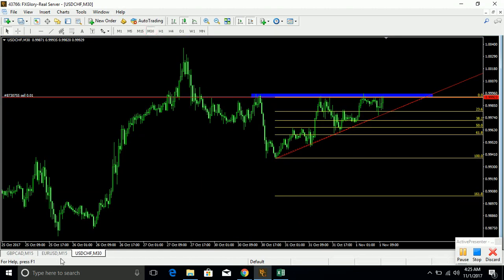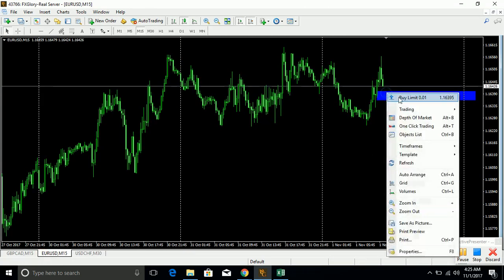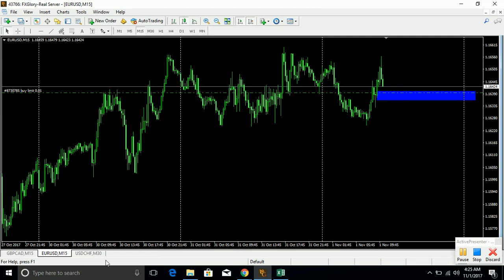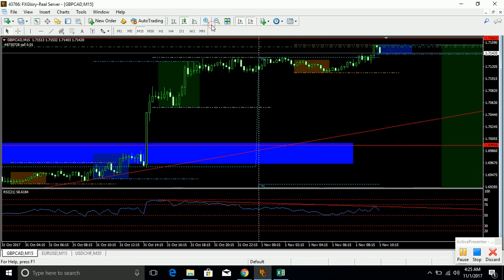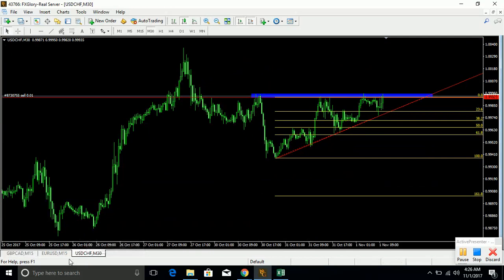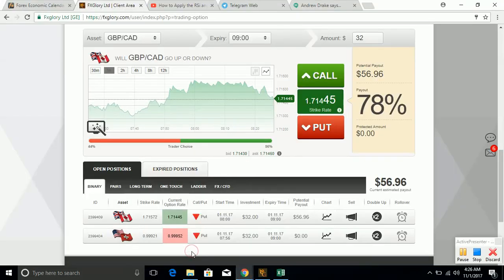So we can still consider taking advantage of this Euro USD buy right in here. That trade's good to go.